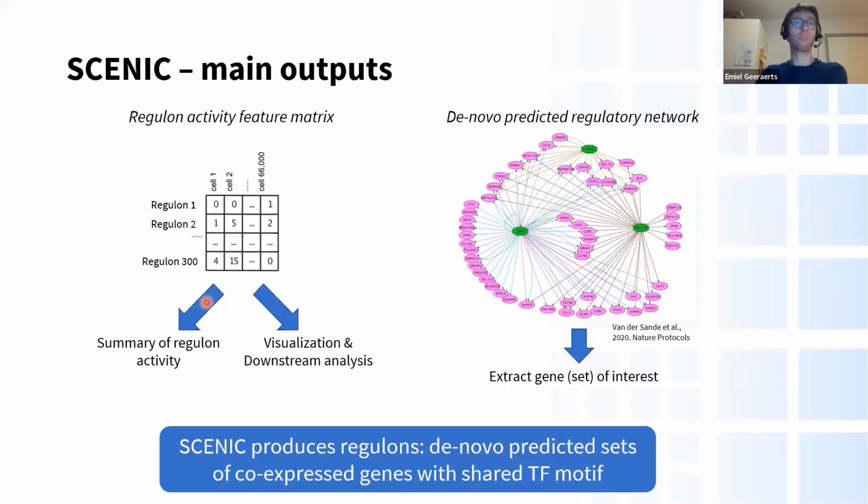In addition to this regulon activity matrix, it also provides you with a de novo predicted regulatory network. De novo, because remember, your co-regulated genes are created based on the data you put in and nothing else. It's just based on your expression matrix. So you know it's specific for your animal, your species, your cell type.